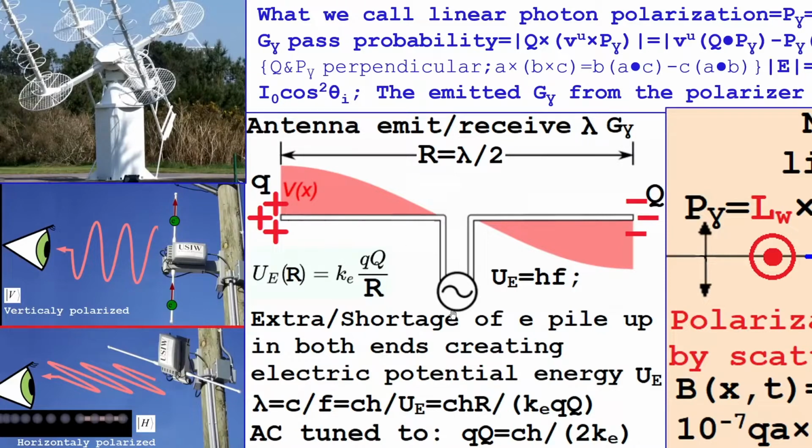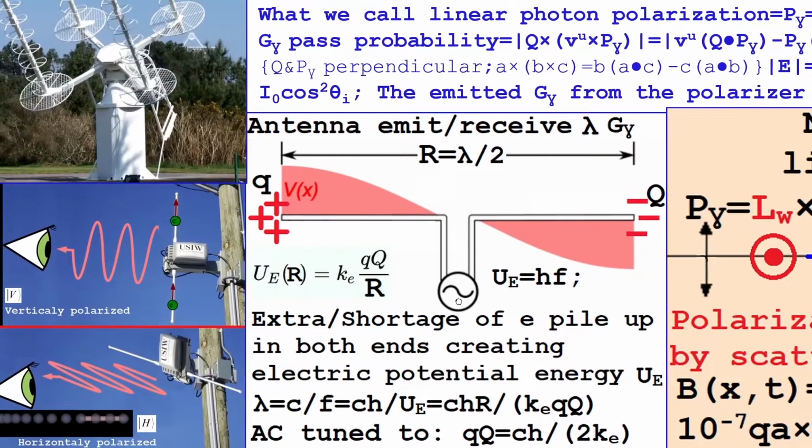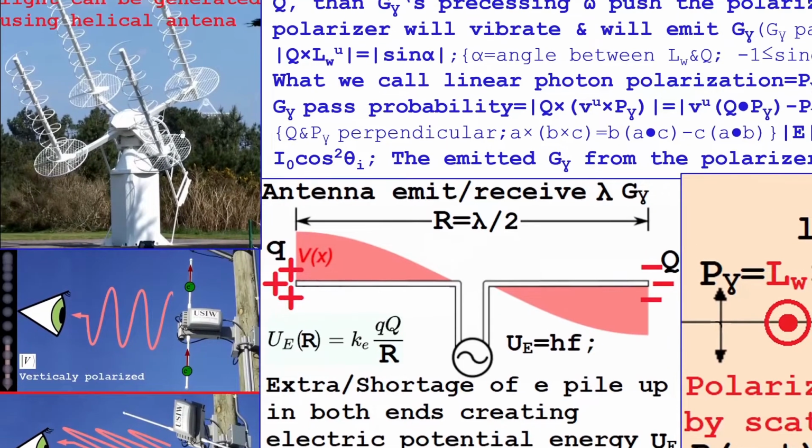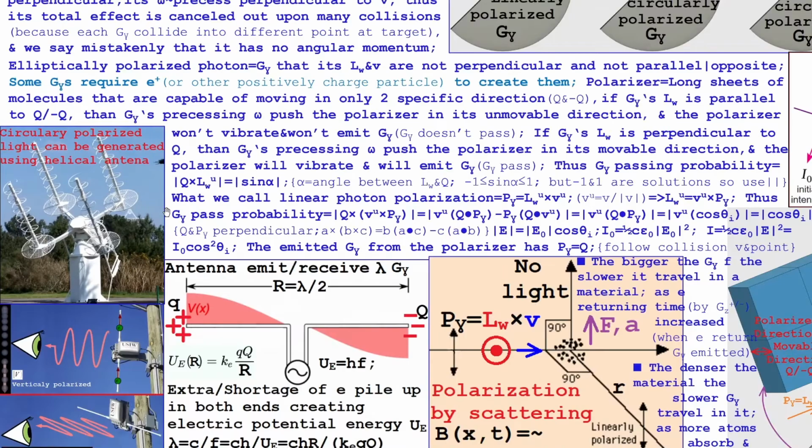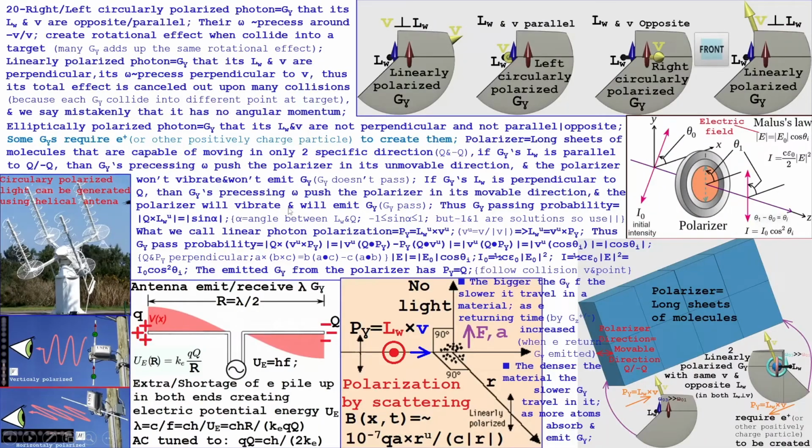Using potential energy consideration, we can show that the wavelength of the created photon is twice the length of the antenna. Similarly, an antenna that creates horizontal photon polarization is oriented horizontally. A helical antenna can be used to create circularly polarized photons.